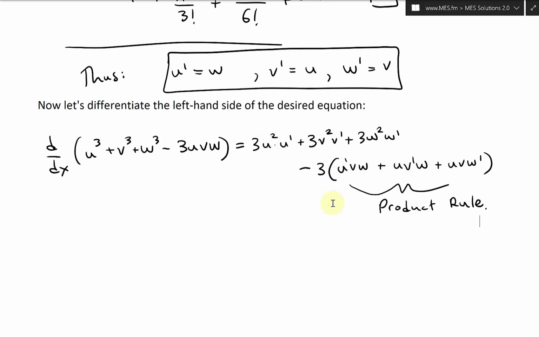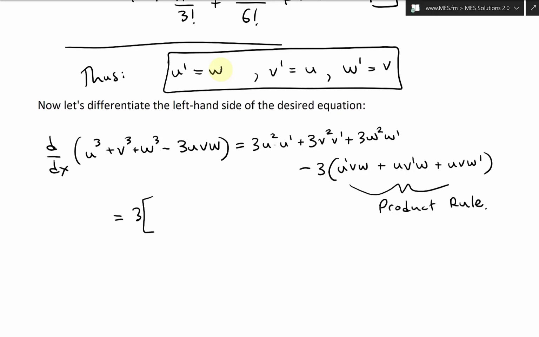Alright, so now let's plug in all of our variables. So this whole thing is equal to 3u squared times u prime. U prime is w, so we'll have 3u squared w plus, and we can actually just factor out all those 3's, because there's a bunch of 3's everywhere.